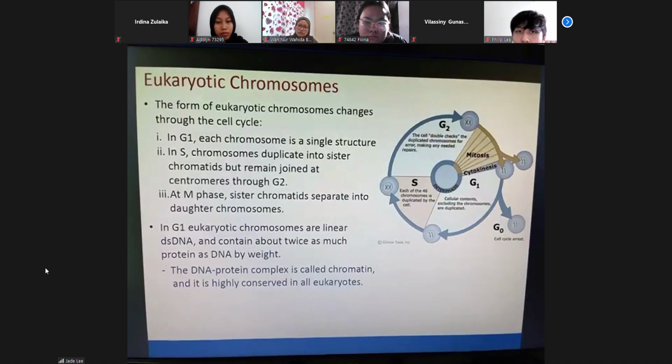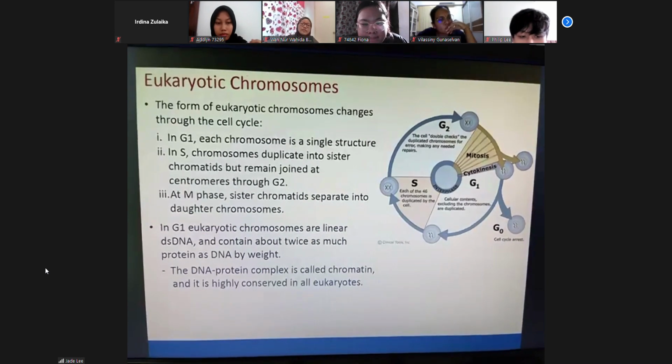Kenapa? Kerana dia double sudah. Kenapa dia double? Kerana dia nak sediakan diri dia untuk proses mitosis. Dia double up, betul tak? Ya, untuk persediaan pada mitosis. Kerana dia nak hasilkan sel-sel yang baru. Kalau dia tidak double up nanti, macam mana dia nak pisah nanti menjadikan 2N nanti kan?